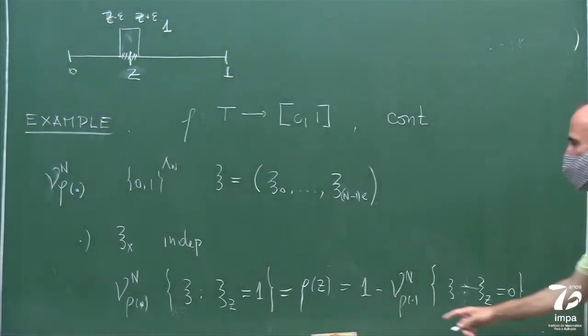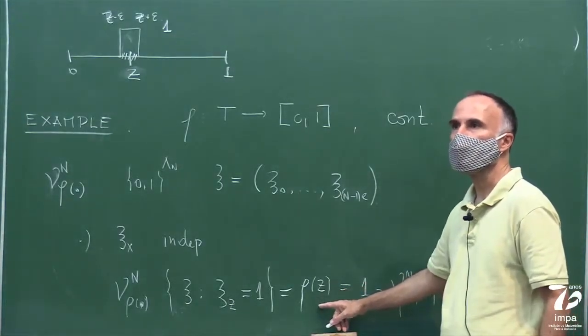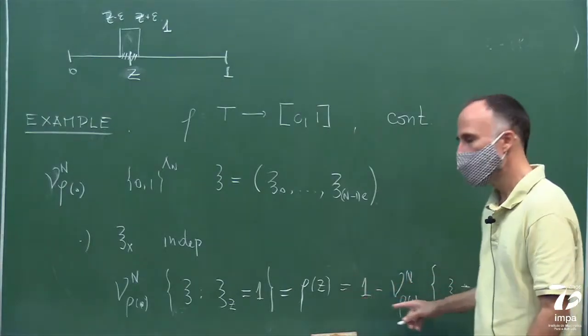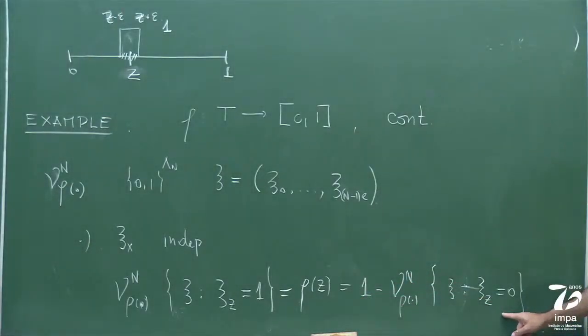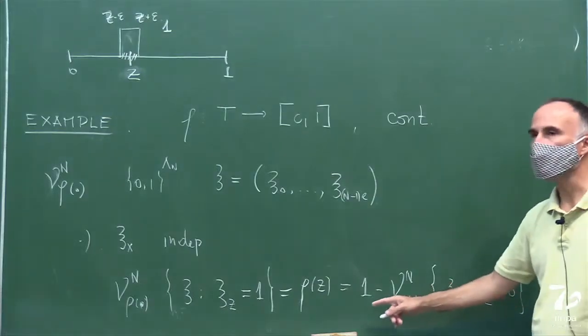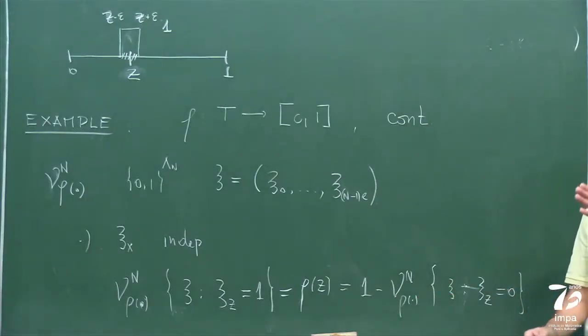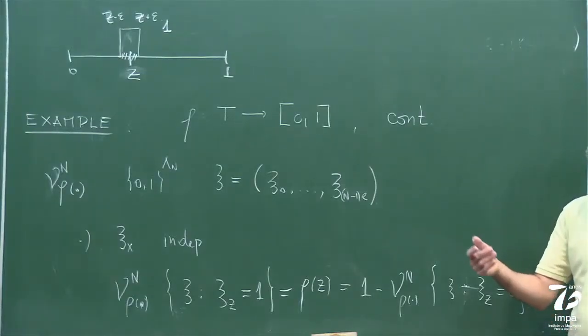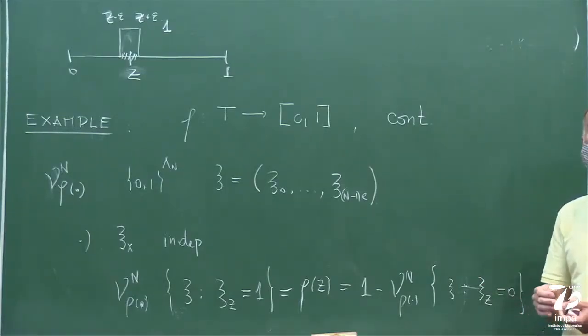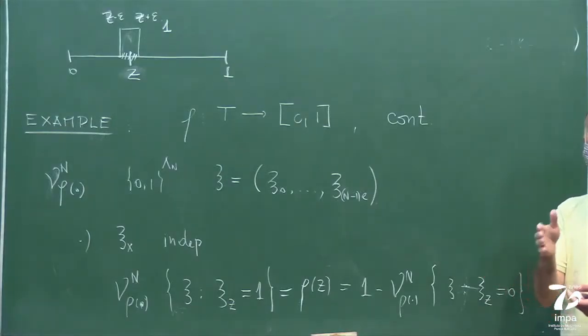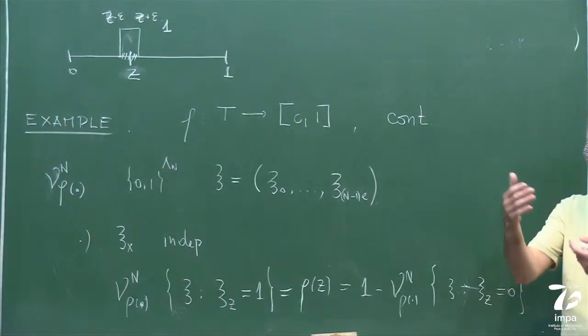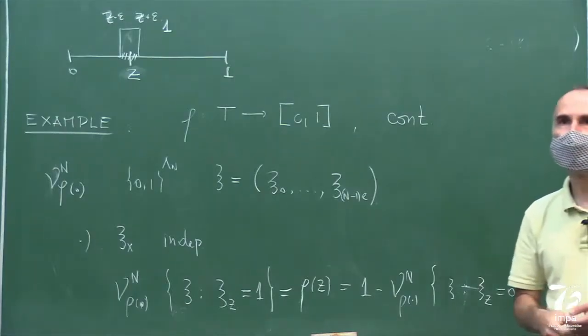Okay, so I will put a particle at z with probability rho of z, and I will leave this site empty with probability 1 minus rho of z. And I do that independently at each site. It's like taking the coin, but now the coin is not homogeneous anymore. At each site, it has a different probability of giving heads.